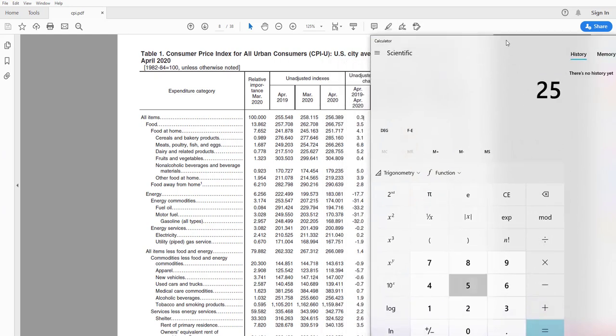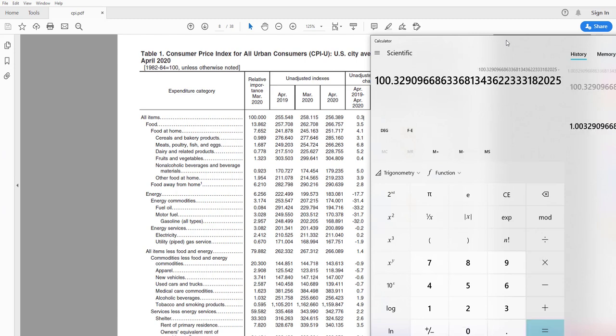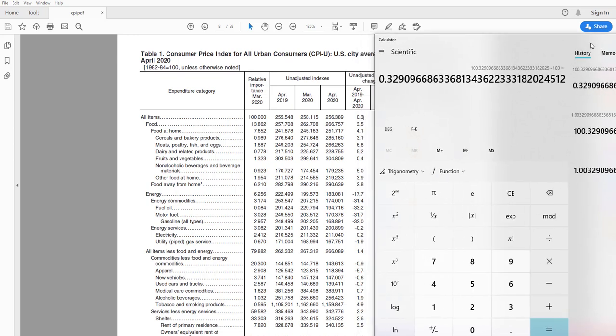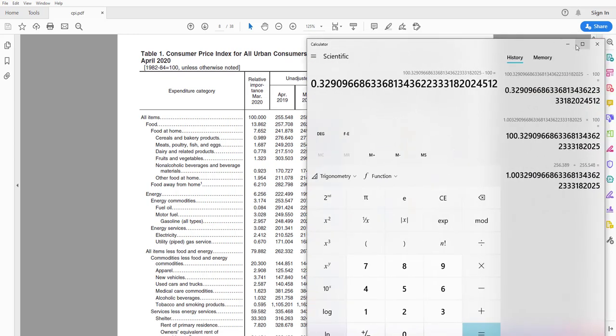We take 256.389, divide it through by 255.548, multiply by 100, and then subtract out 100. And that's exactly where we get 0.329%. So there's a little bit of rounding here, but 0.3% is the inflation rate from April 2019 to April 2020.